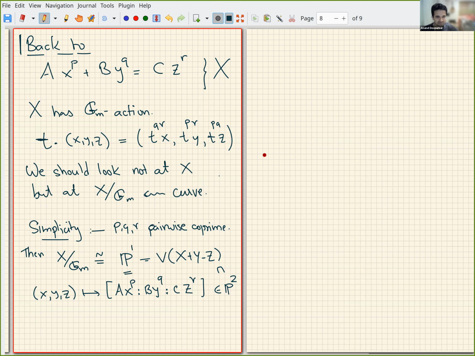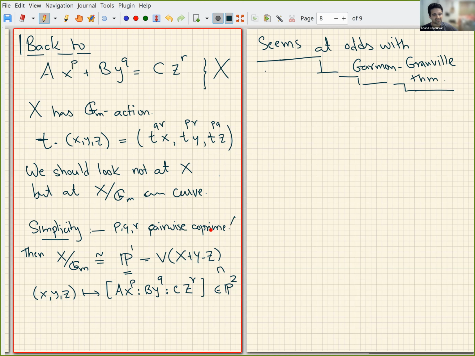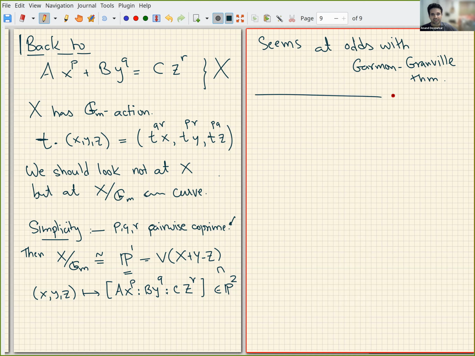So this seems to contradict, kind of at odds with the main theorem of Darmon and Granville. And also the P, Q, R condition never showed up. That's not what I stated. It was something about the size of P, Q, R.